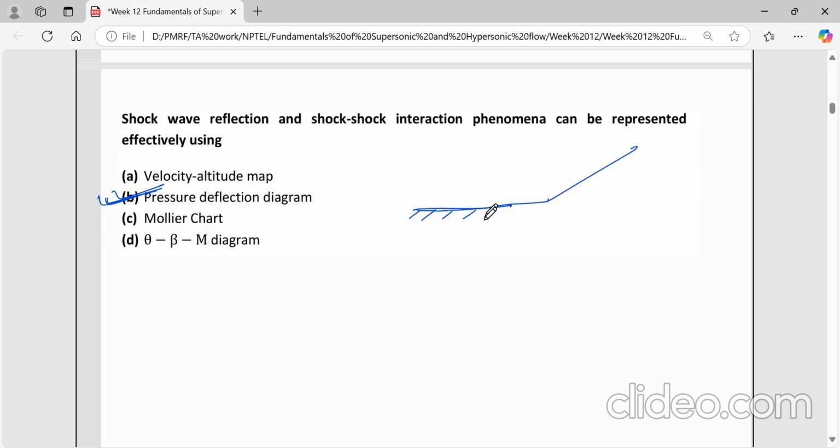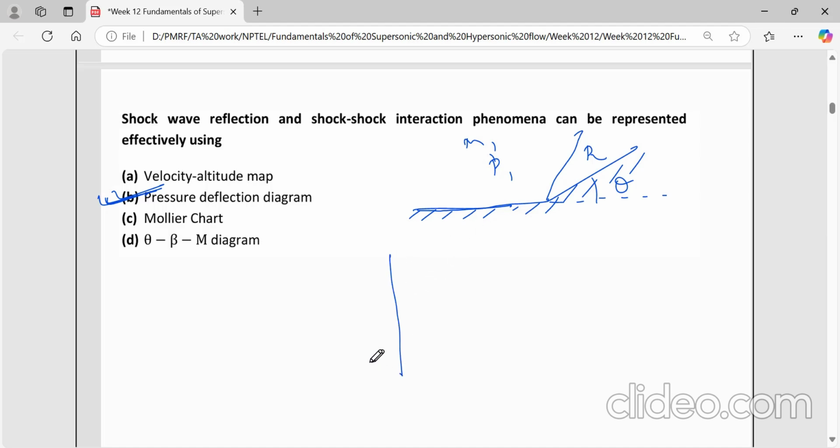Let's say there is one wedge with an angle theta, and there is one shock. Due to this shock, the pressure changes from P1 to P2, where the Mach number is M1.